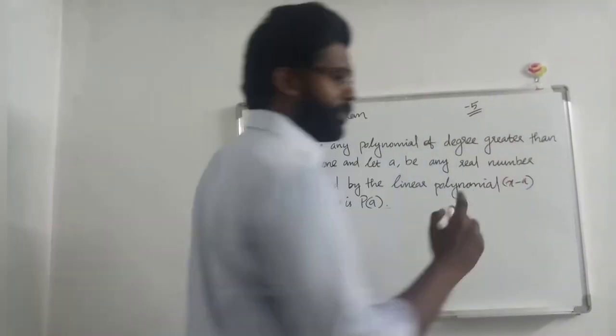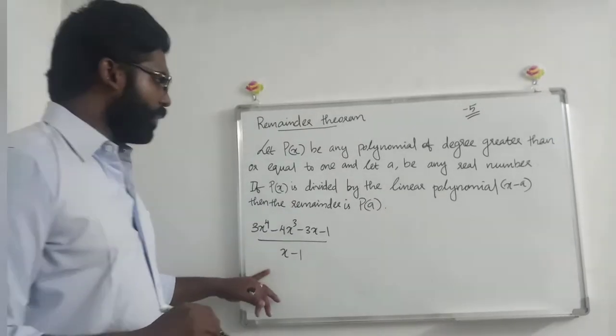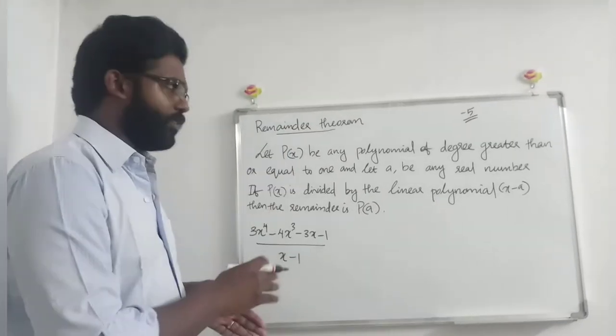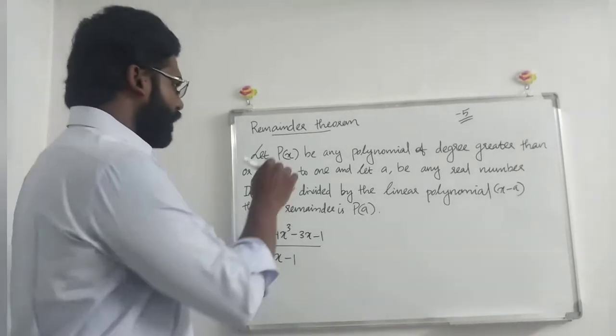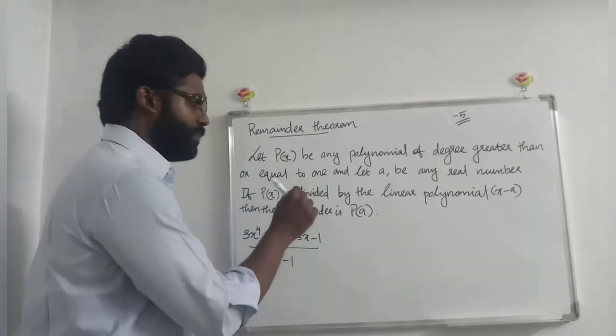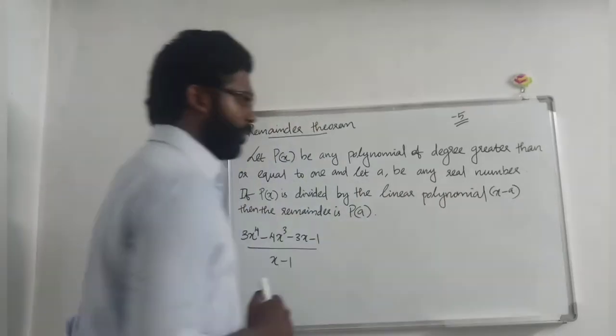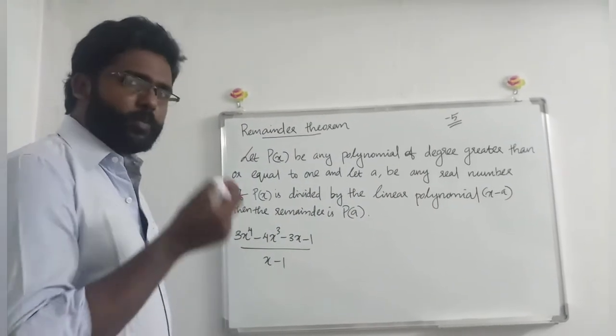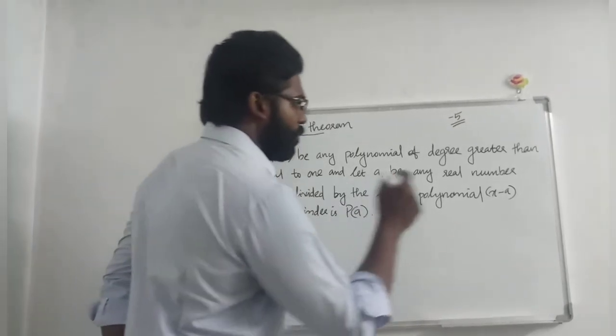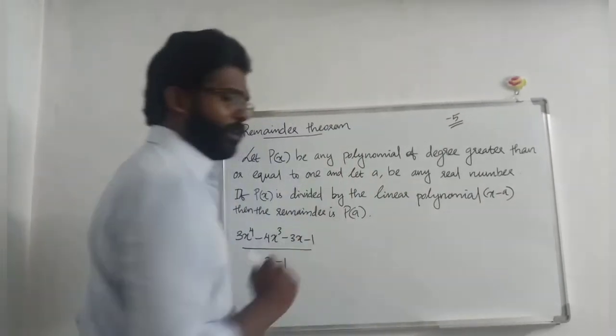You can check it. Clearly we did it by long division. This theorem states that when a polynomial is divided by a linear polynomial, we can find the remainder just by putting in the value of a.